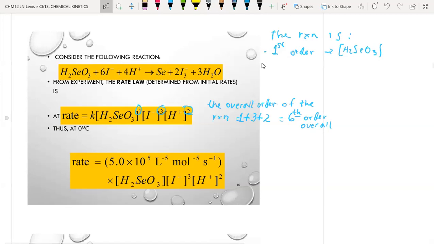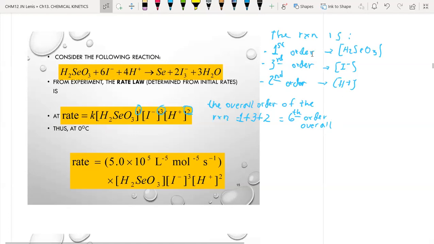The reaction is third order with respect to the concentration of I minus ion. And the reaction is second order with respect to H plus ion. Or you can say the reaction is sixth order overall.